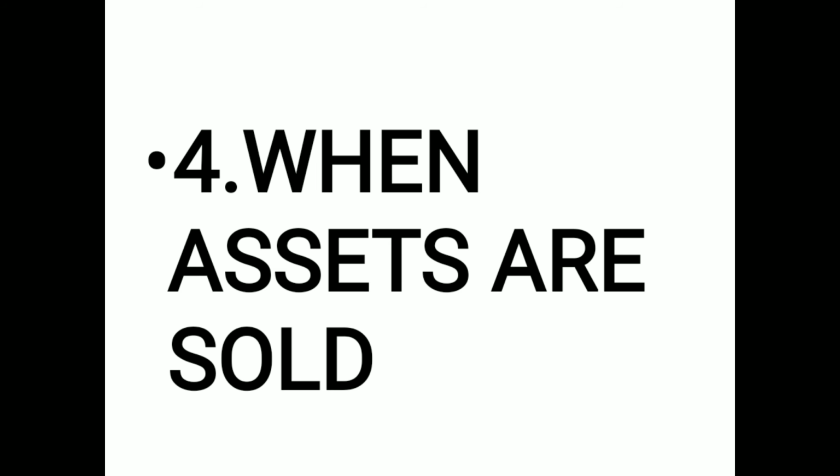Why are they to be sold? Because the business is closing down. The partnership form comes to an end. So you have to close all the accounts, you have to sell all the assets, and you have to make payment towards all the liabilities. So let us see what the journal entry is when assets are sold.